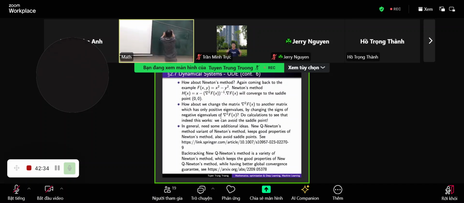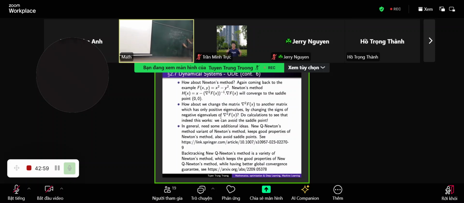Now, the question again. f equals x square minus y square, and then I can get the gradient, which is 2x, minus 2y. And I can get the Hessian, 2 and minus 2.